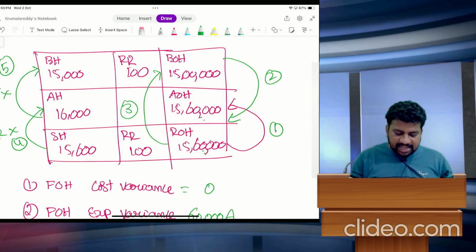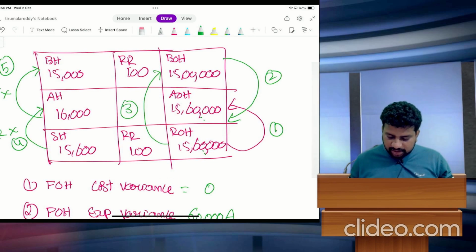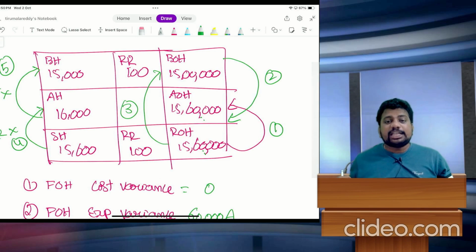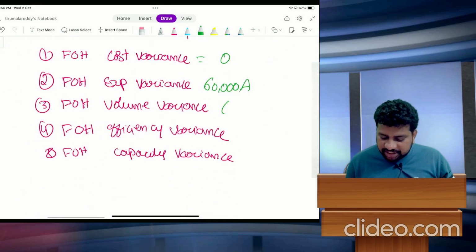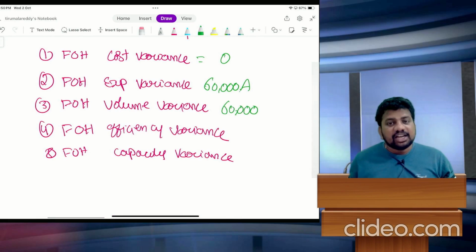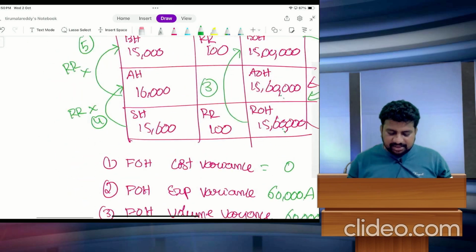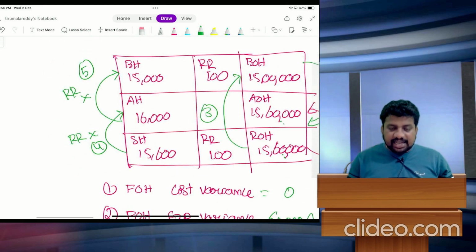Third one, ROH minus BOH, 15,60,000 minus 15 lakhs, positive 60,000. It means favorable.